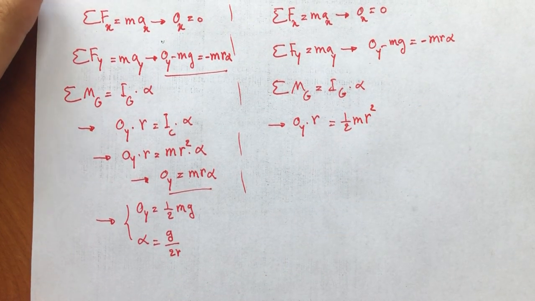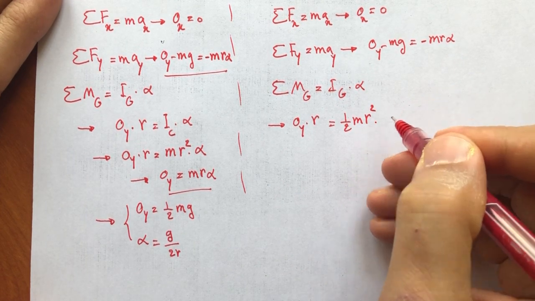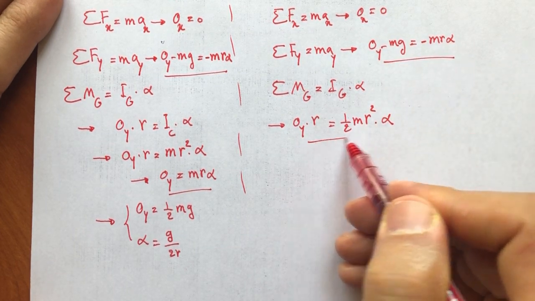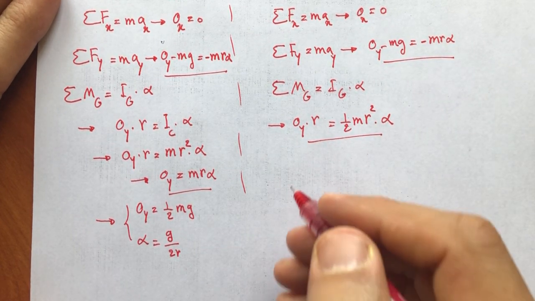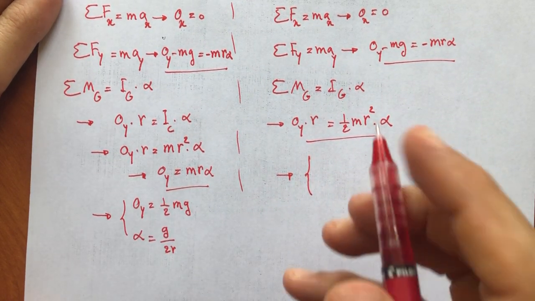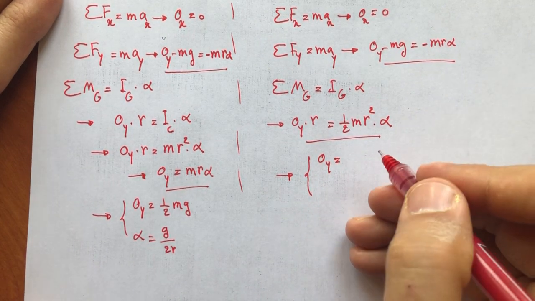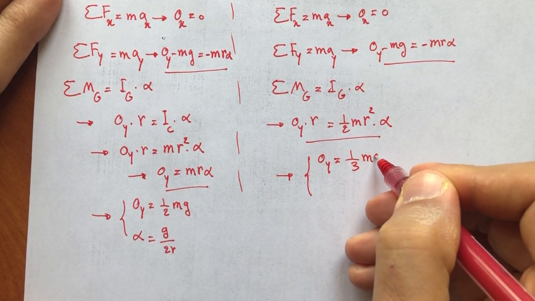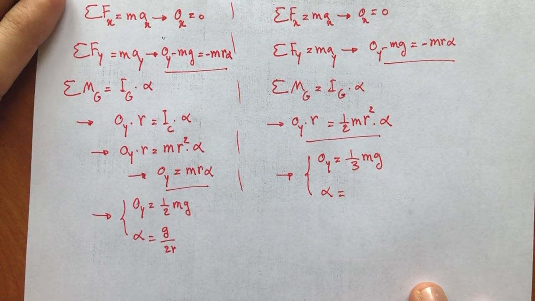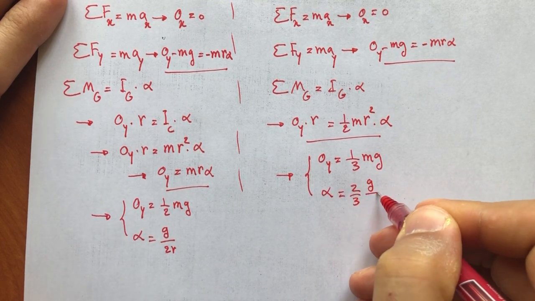This is the mass moment of inertia of a disk about the axis of it, times alpha. Again, we have this equation and this equation for OY and alpha. If you solve these two equations together, OY is going to be equal to 1/3 of mg, and angular acceleration is going to be 2/3 of g divided by r.